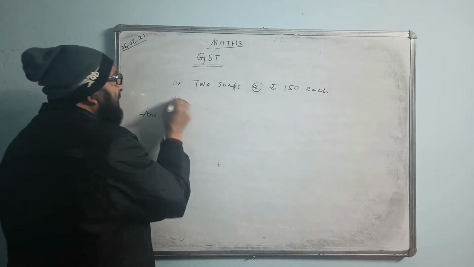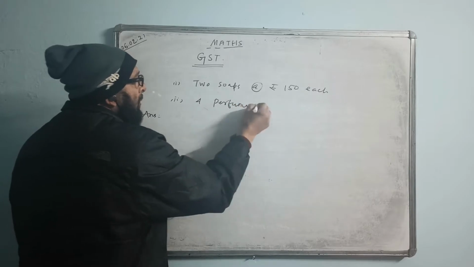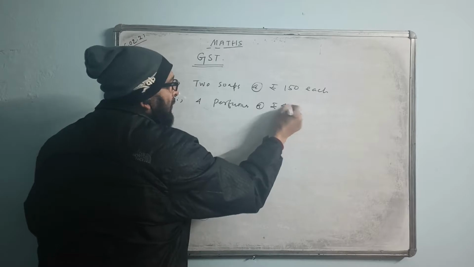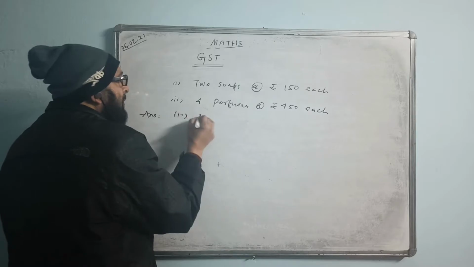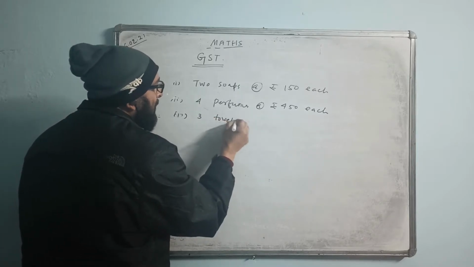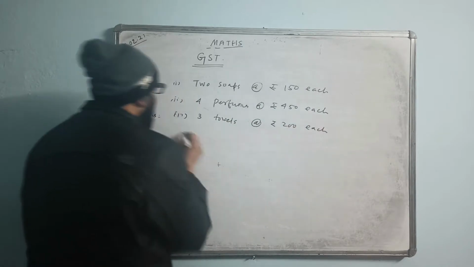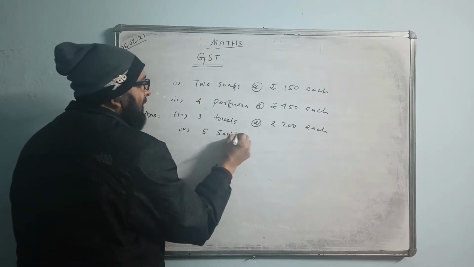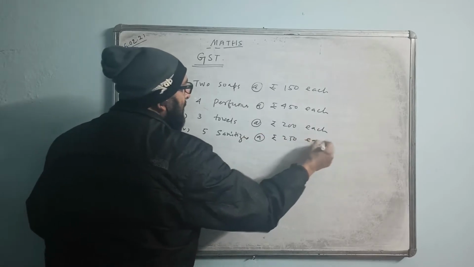They will give a list of items, maybe 4 perfumes at the rate of rupees 450 each. Third one, they may give 3 towels at the rate of rupees 200 each. 5 sanitizers at the rate of rupees 250 each.